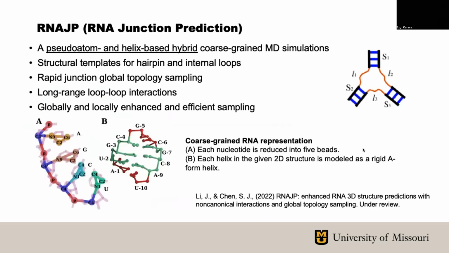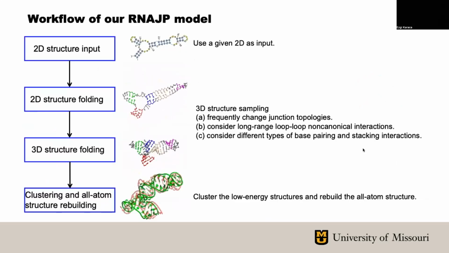Two key advantages of this model are that it can sample the global topologies of, for example, this three-way junction. You can sample the global topology of the helix orientation, different combinations of the base stacking, the helical coaxial stacking. And it can also sample the loop-loop interactions and those non-canonical interactions. So these are the toolbox of our methods.